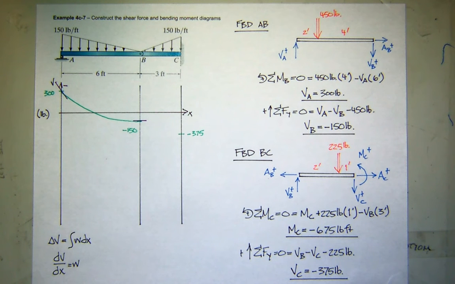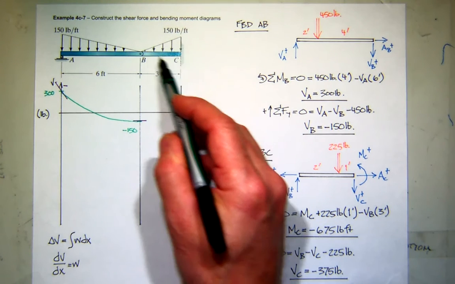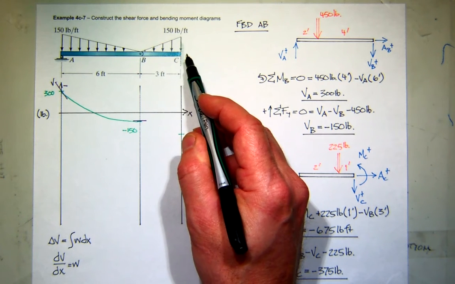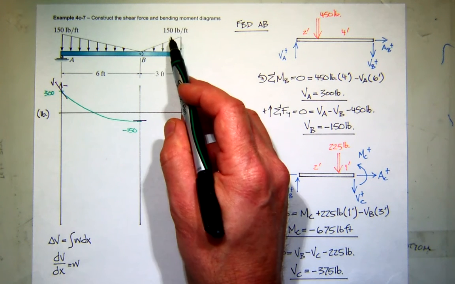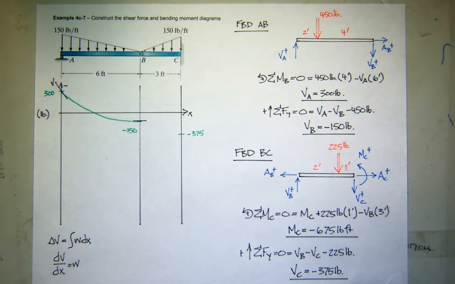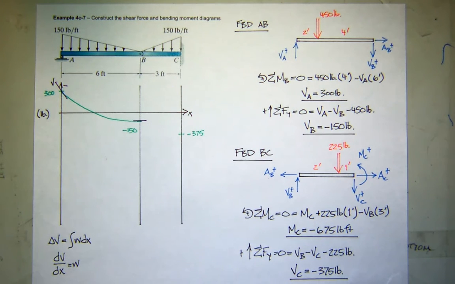Now what? Well, the change in shear over the last 3 feet should be the area under this part of the curve. The area under this part of the curve is one half base 3 times height. That should be negative 225, right? And if you subtract 225 from 150, hey, you get 375. That's great.